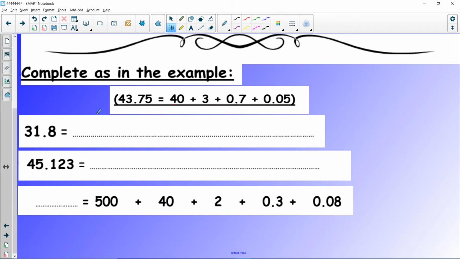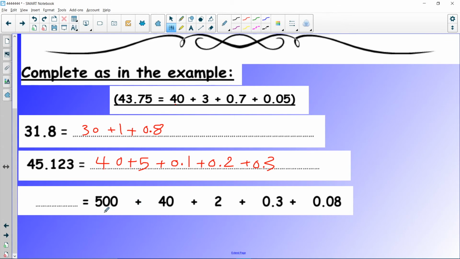Okay, let's start. 30 plus 1 plus 0.8. 45.123. 40 plus 5 plus 0.1 plus 0.2 plus 0.3.